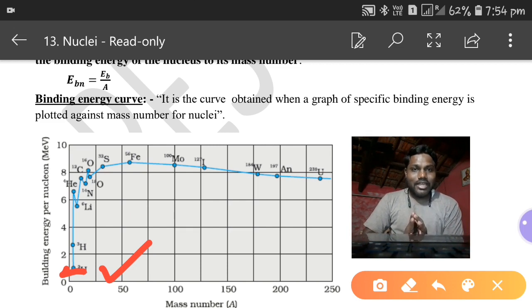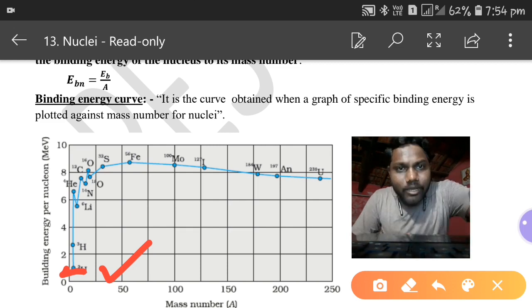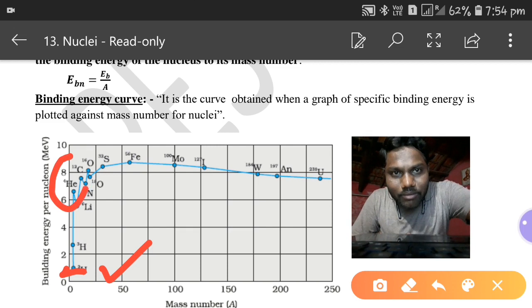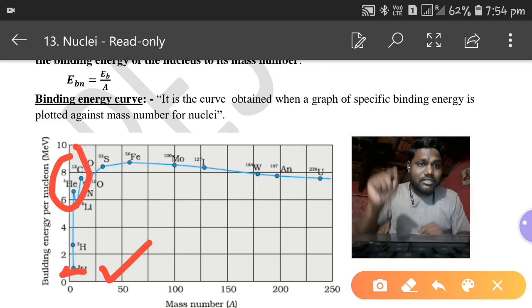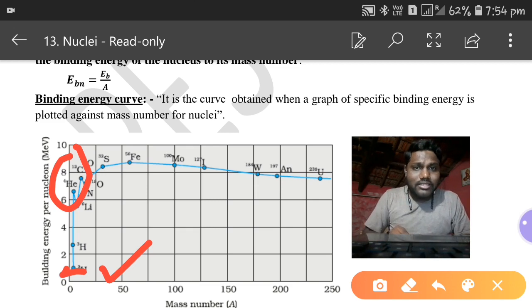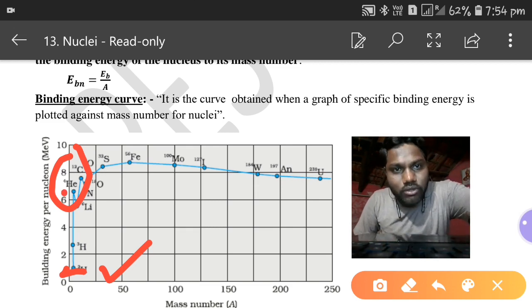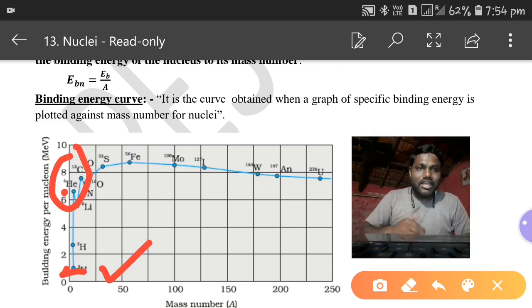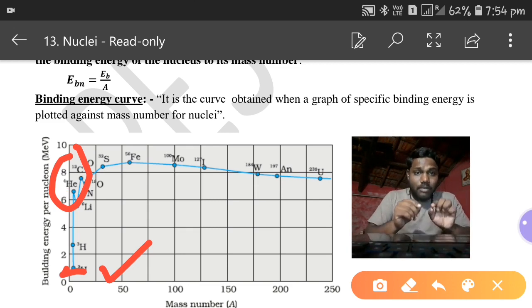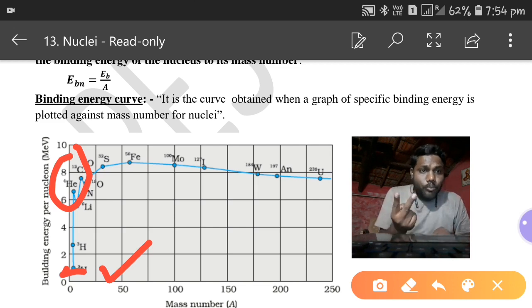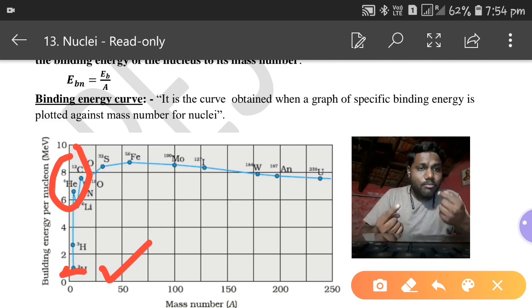Coming to helium-4, here it is. For helium-4, suddenly the binding energy per nucleon increases. It reaches approximately more than 6. Is this clear? Helium has 2 protons and 2 neutrons, an even number of protons and an even number of neutrons.